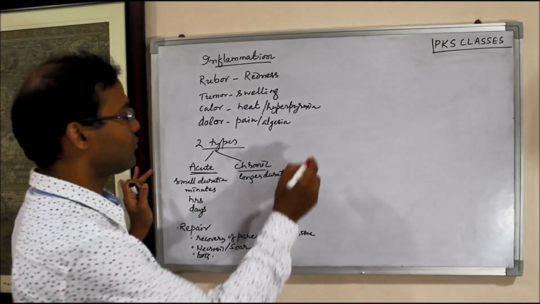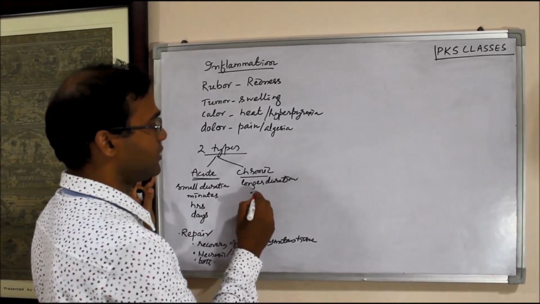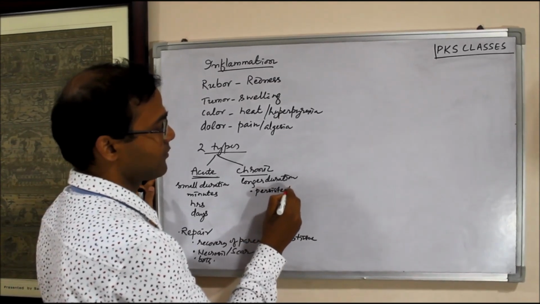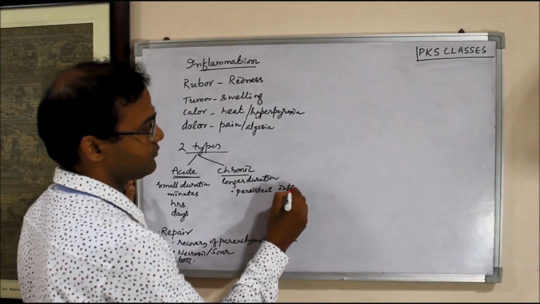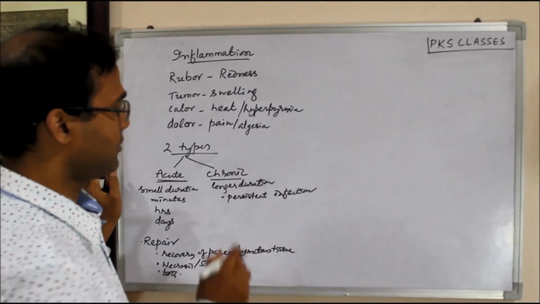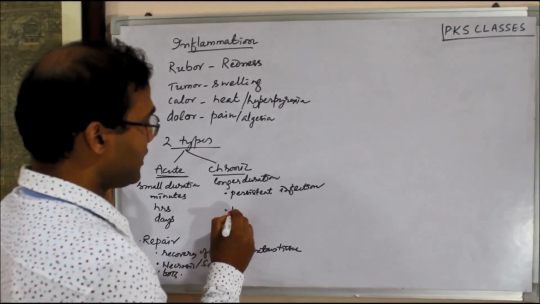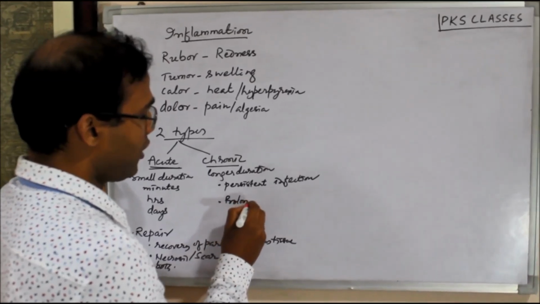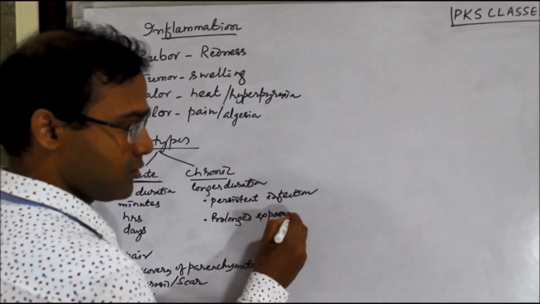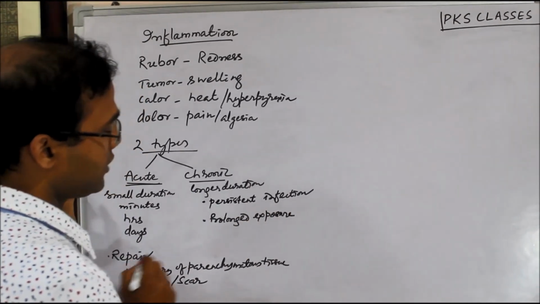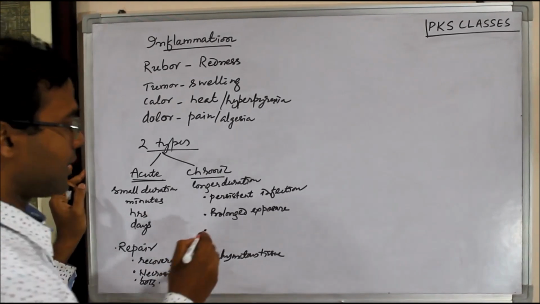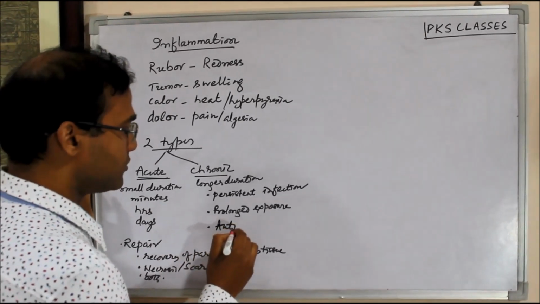And why does chronic inflammation occur? Because there is persistent infection, or there can be prolonged exposure, or there can be autoimmunity.